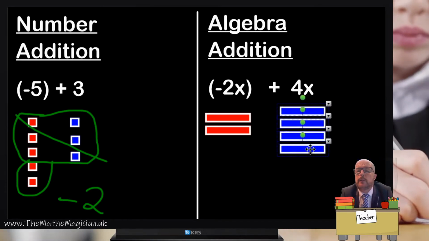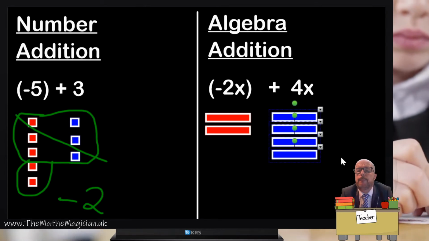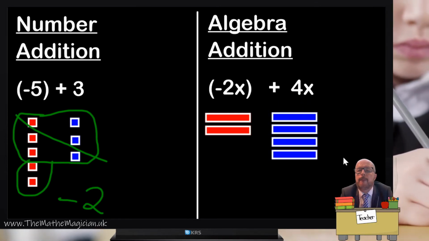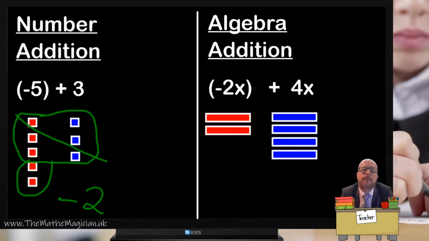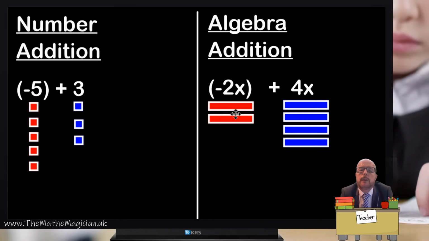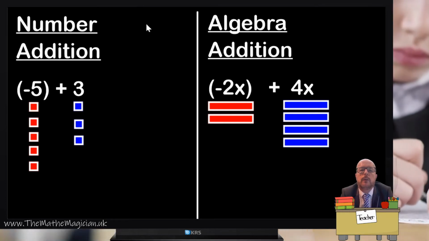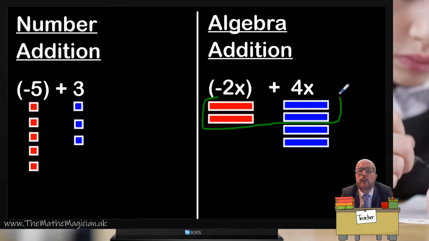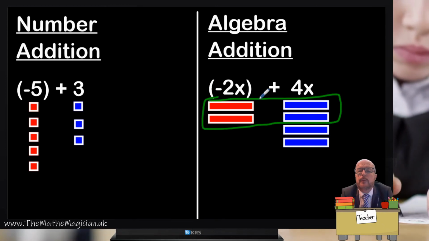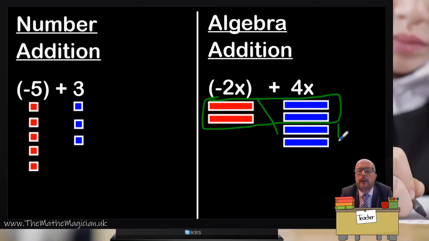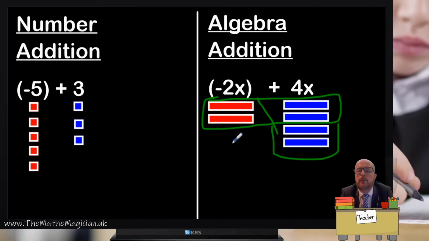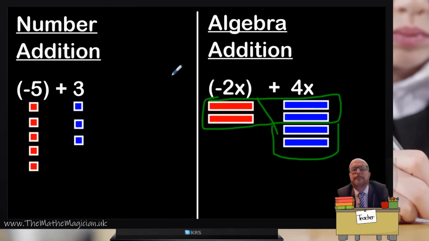So we're going to bring 4 blue ones on. What can we do here? Well, if we've got 2 red ones and 4 blue ones, we should be able to cancel 2 of each out. And that will leave us with 2 blue ones. So what will that answer be?